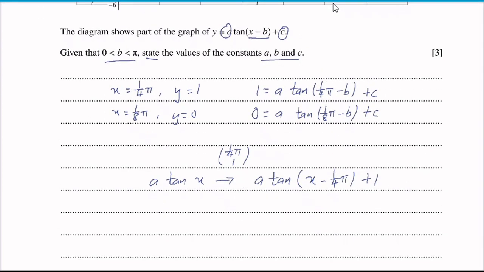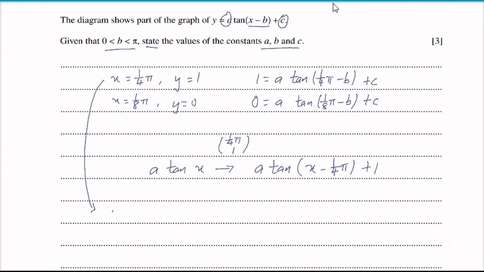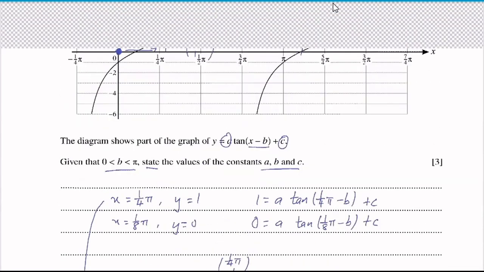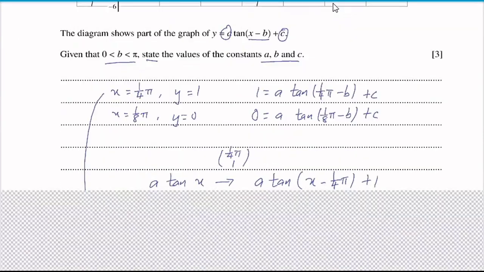For example, if we use x equals 1 over 4 pi, we sub into this function: a tangent of x minus 1 over 4 pi, plus 1. So we get tangent 0, which is a times 0, plus 1, equals 1. So yes, it is on the curve.